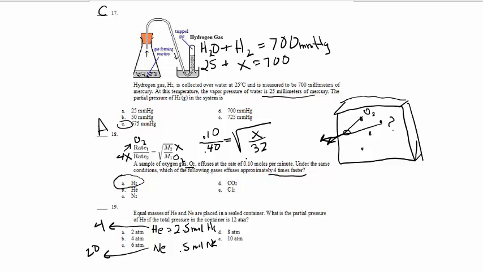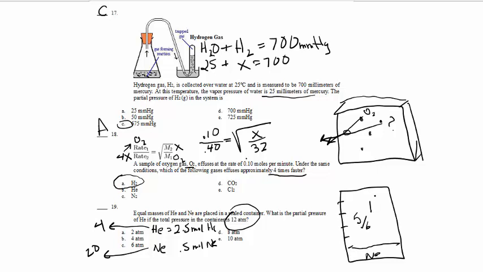That means if the total pressure is 12 atmospheres, and if you divided this up into 6 equal parts, 1, 2, 3, 4, 5, 6, the pressure of the neon is only 1/6 that of the total, and 5/6 of it is going to be the pressure of the helium.